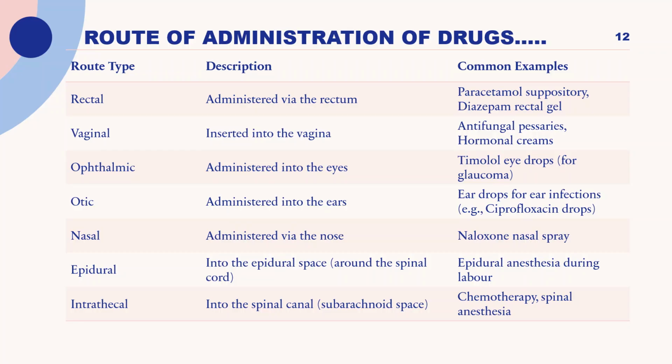Epidural is into the epidural space around the spinal cord, and a common example is epidural anesthesia during child labor. Intrathecal is the route where we administer medication into the spinal canal, which is the subarachnoid space, commonly used during chemotherapy and spinal anesthesia.